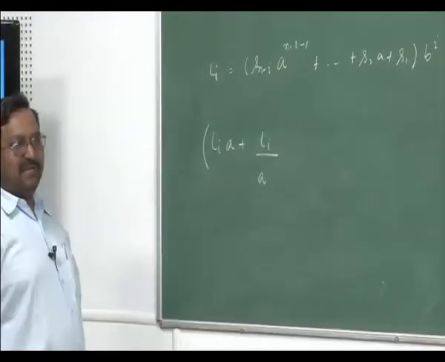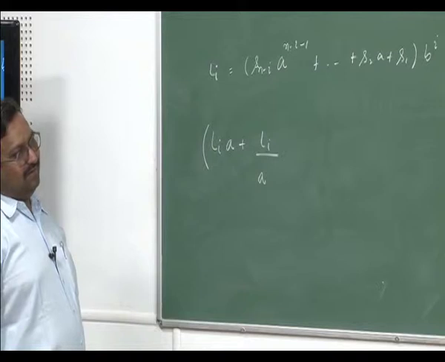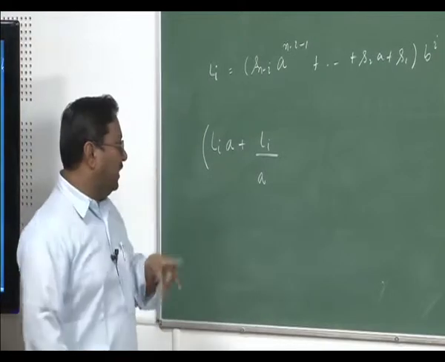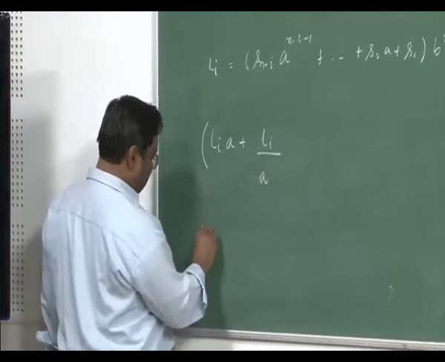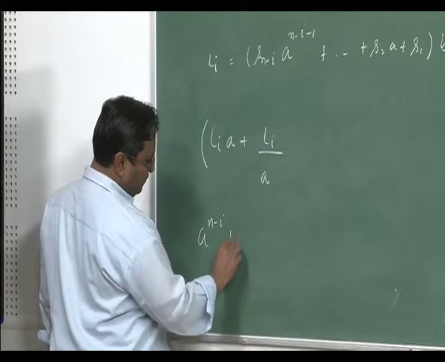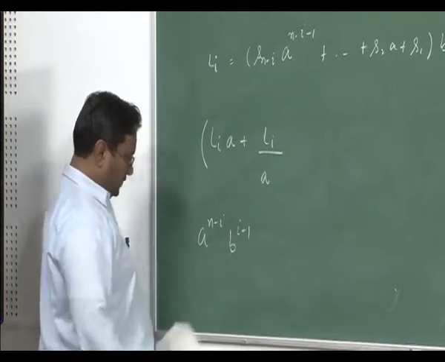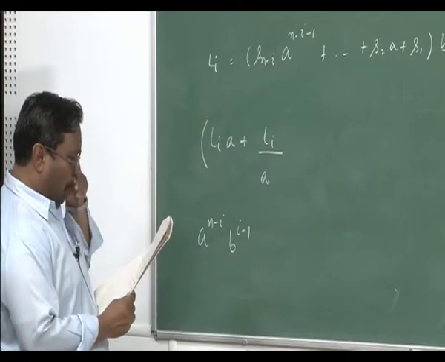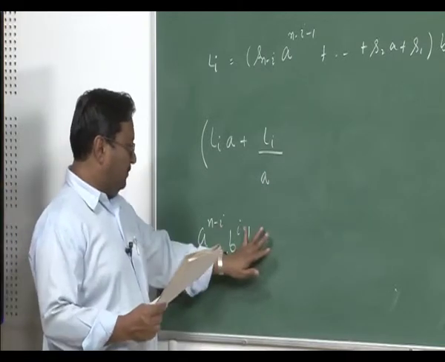This will be A raised power n minus I minus 1, plus B raised power I. I hope it is right here. A raised power of n minus I minus 1, B raised power I.